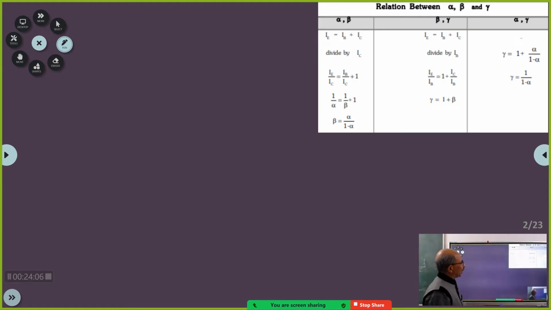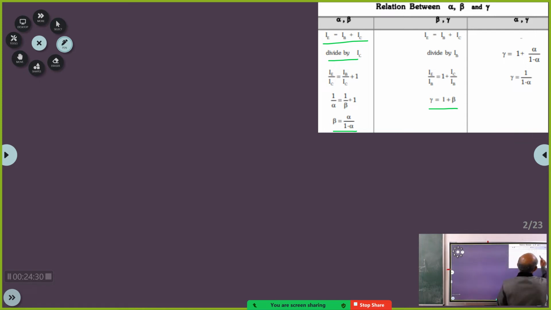Now, relation between alpha and beta. Well, the basic equation divided by IC, you get IE by IC, which is 1 by alpha equal to 1 by beta plus 1, or beta is equal to alpha divided by 1 minus alpha. Simple. So the basic equation remains the same. So here IE by IB, right? You get gamma is equal to 1 plus beta.